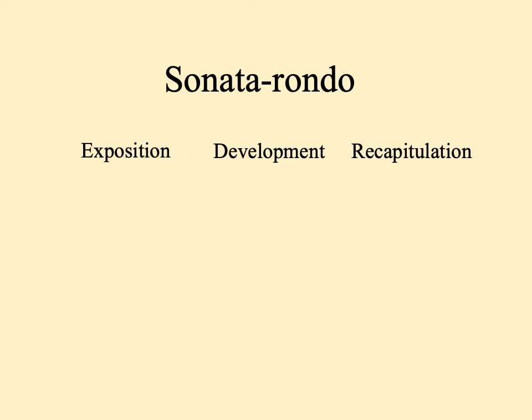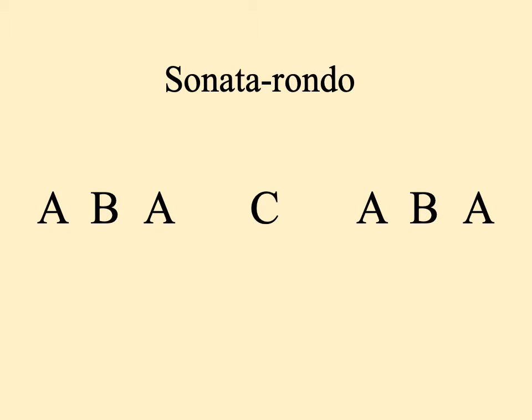You need an exposition, development, and recapitulation. And here are the rondo elements that we're going to put into that. We're going to use the 7-part ABACABA rondo form, and we're going to find a way to combine sonata form thinking with that 7-part rondo form.